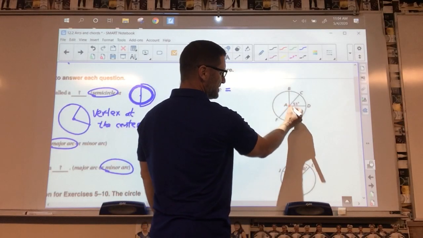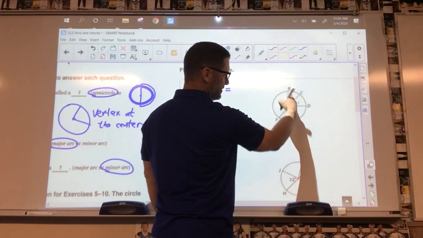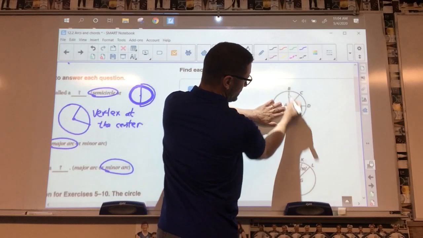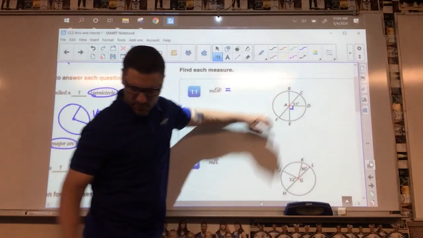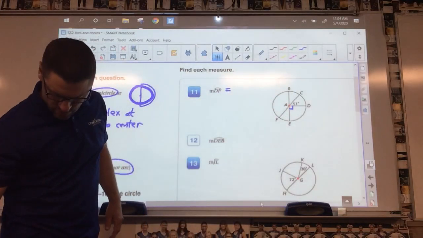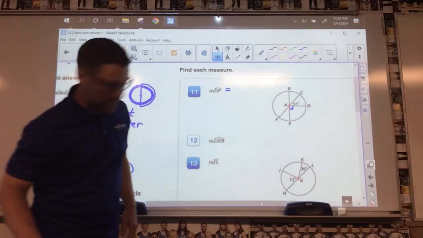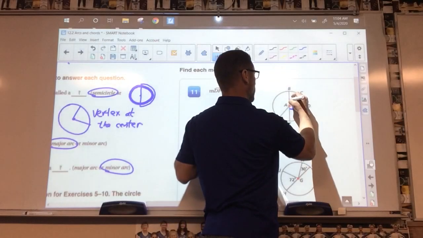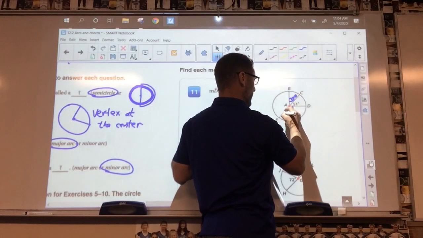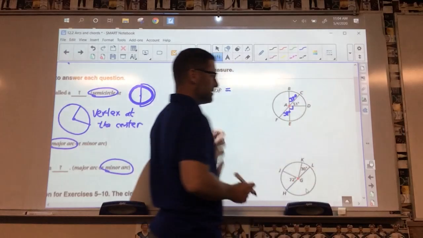That's 51, that's 90. See how it's a straight line right there. So if I subtract 90 plus 51, which is 141, from 180, I know this right here has to be 39 degrees, and then this over here would be 39 degrees.